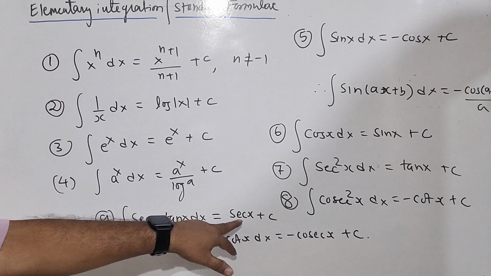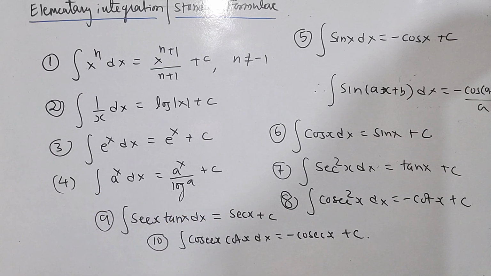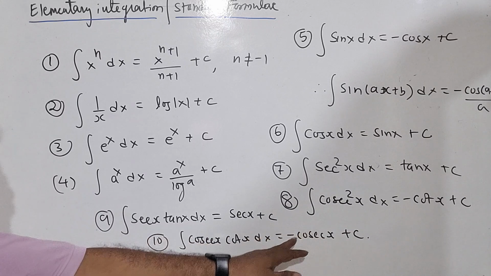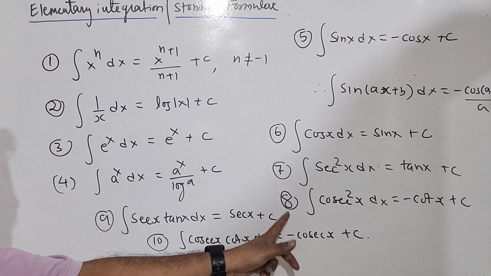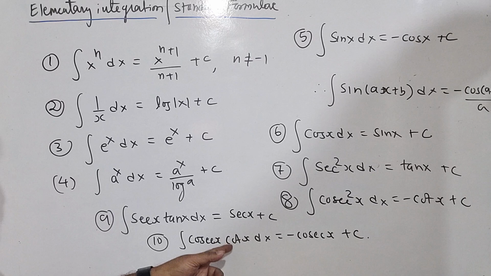The derivative of sec x is sec x tan x. Therefore, integration of sec x tan x is sec x. The derivative of minus cosec x is cosec x cot x. In fact, the derivative of cosec x is minus of cosec x into cot x. Therefore, the derivative of minus cosec x is cosec x into cot x.